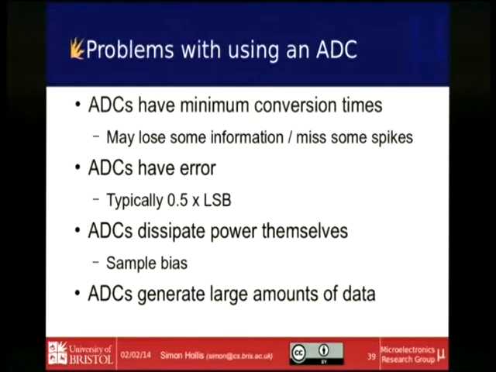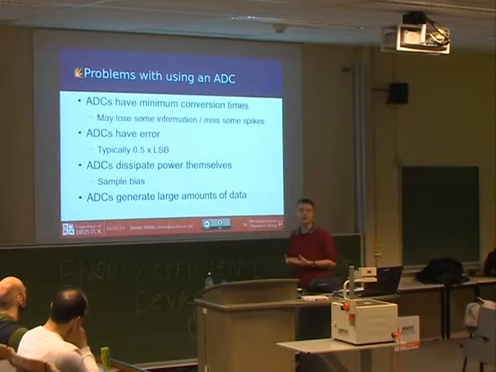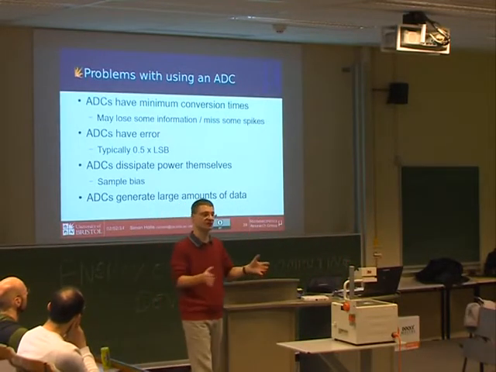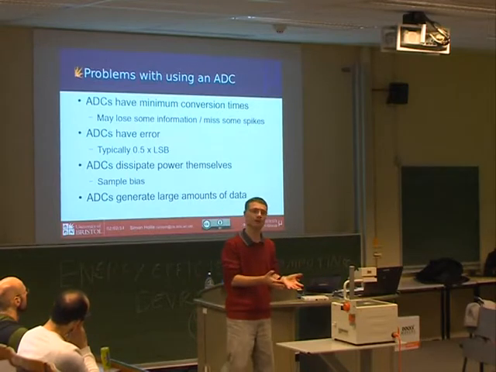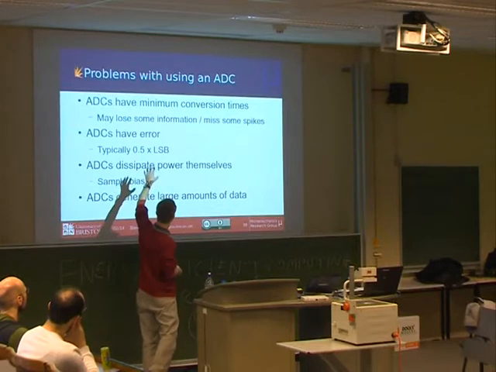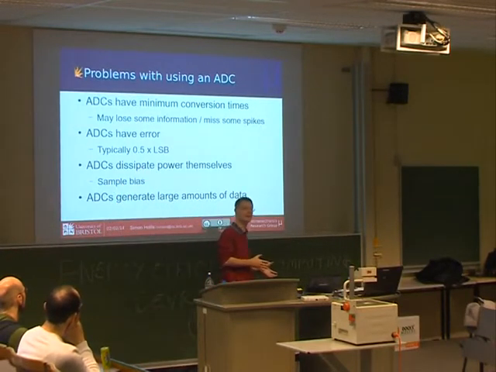The other problem with this device is the analog-to-digital converter part has a built-in error, because what you're doing is taking a continuous quantity, which is voltage, and producing a binary value, which has a fixed number of digits. It's a discretization. So you can have error, and that's almost always half of a bit.